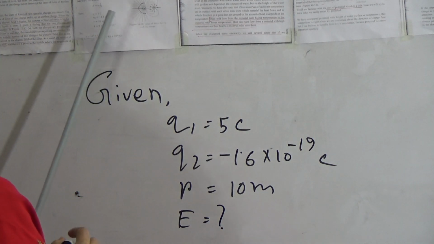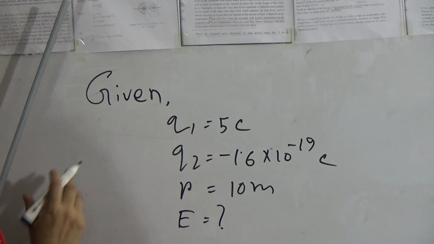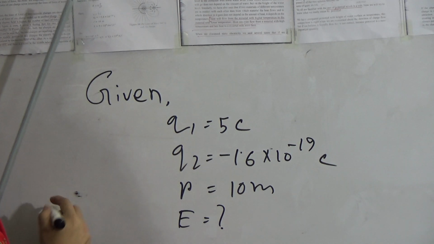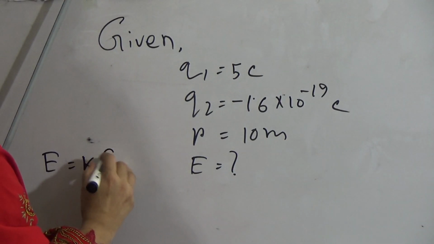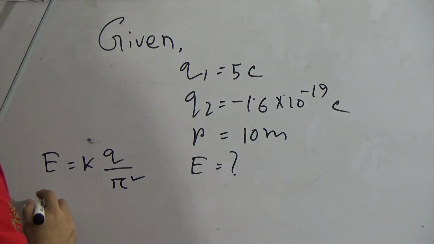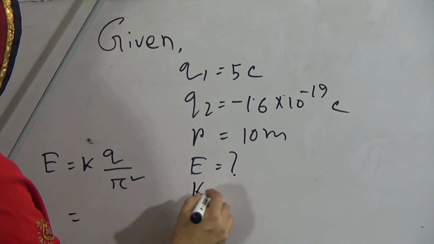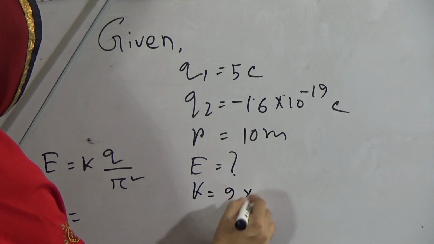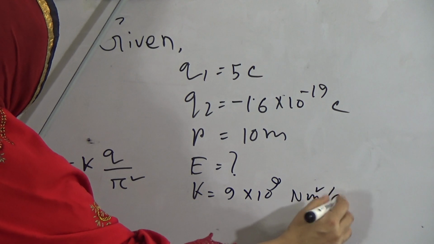My dear students, from the formula of the electric field, we know the formula E equals kQ divided by r square, that we have already discussed. Now K, we know the magnitude of K is 9 into 10 to the power 9 Newton meter square per coulomb square.